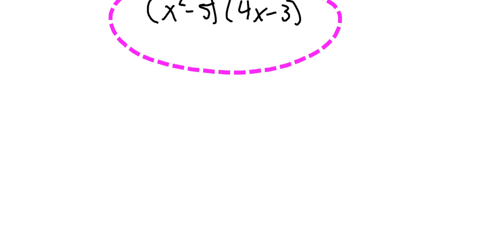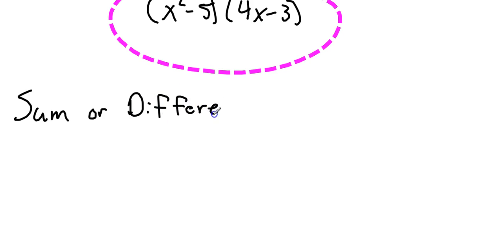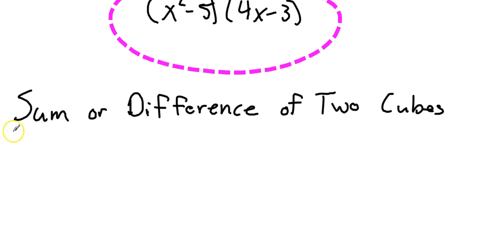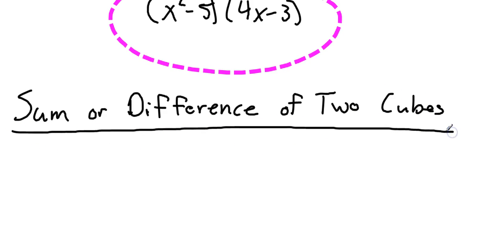All right, and the last thing that we'll look at is, factoring-wise, one of the least things that you'll ever do, just because it's a special case and these very rarely pop up. And this one is sum or difference of 2 cubes.